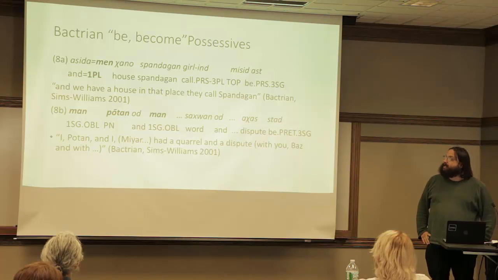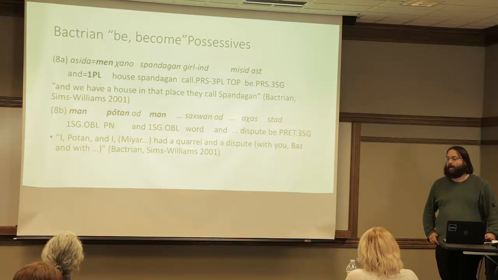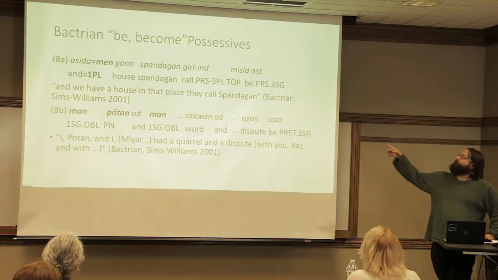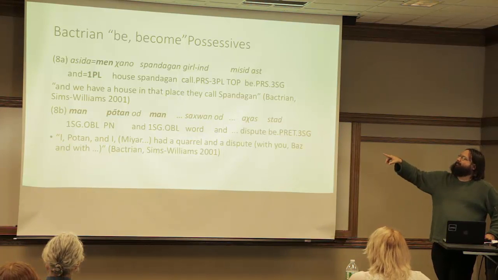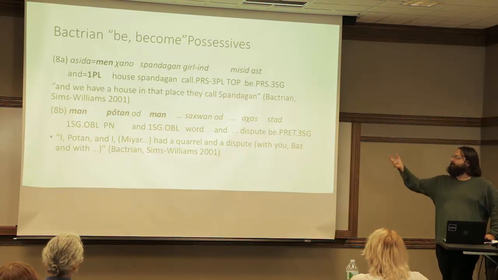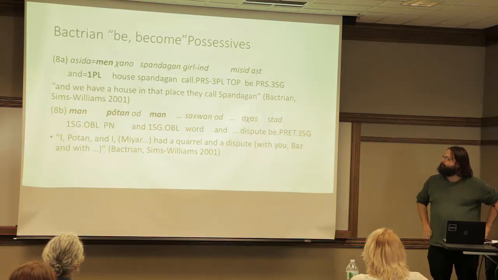In 8b, we have the oblique first person pronoun man, as opposed to as, which still survives in Bactrian. And the verb cross-references the dispute and quarrel and bad words that were held between those two parties of the contract, or not held, actually.